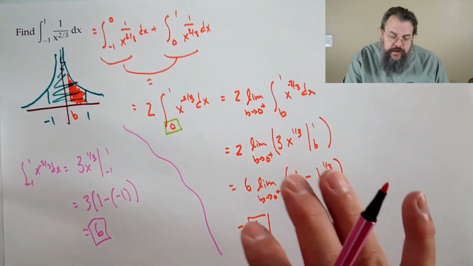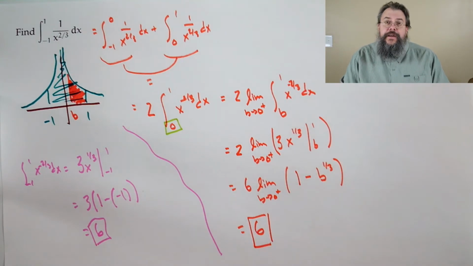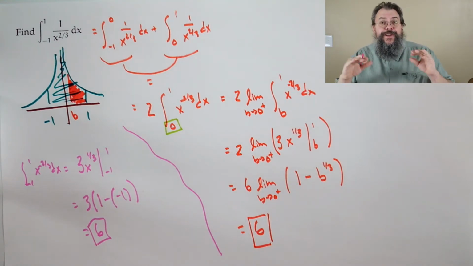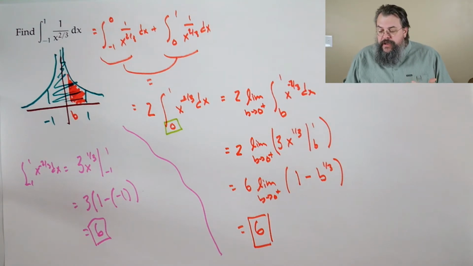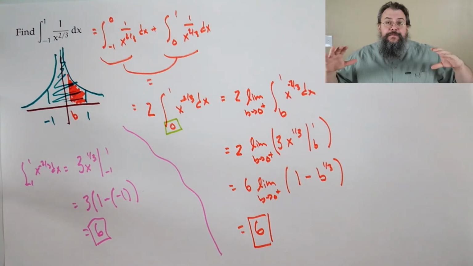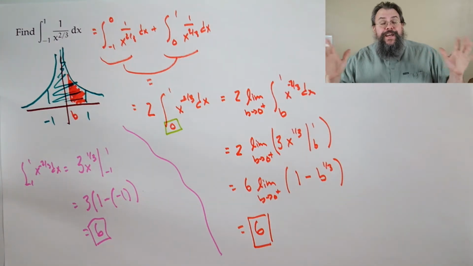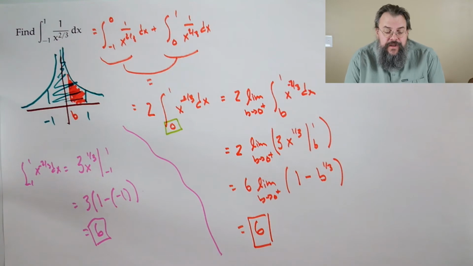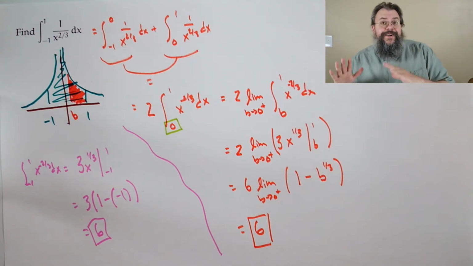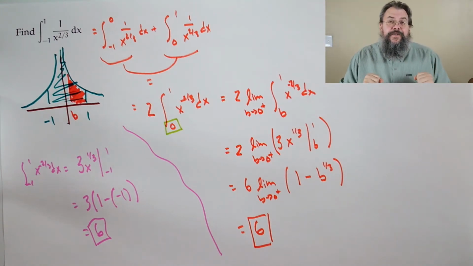Well, all of this is for what? It's to make sure nothing weird happens. When we have improper integrals, that's not to say that something totally bizarre is bound to happen. Actually, many improper integrals work out very, very nicely, with almost no extra help from us. But then there are other cases where things don't work out nicely.